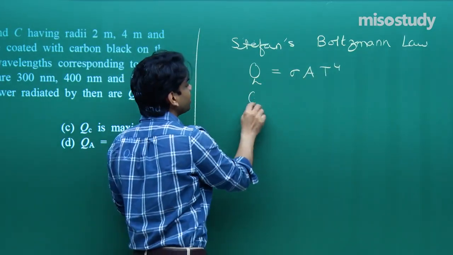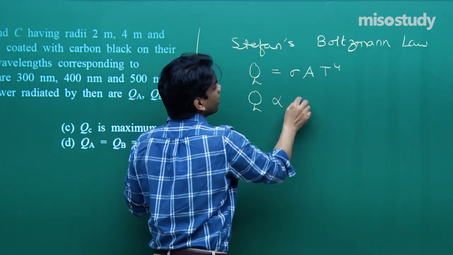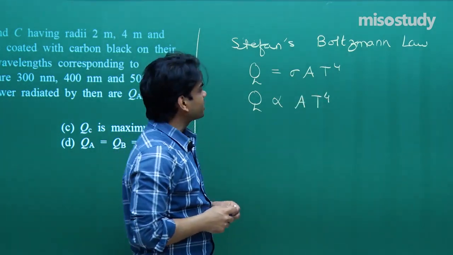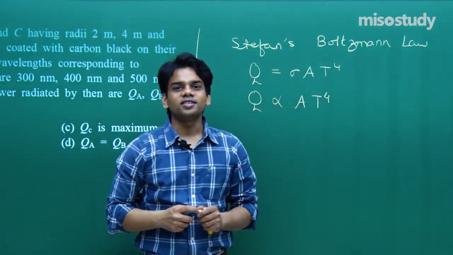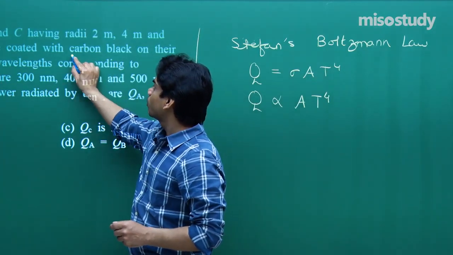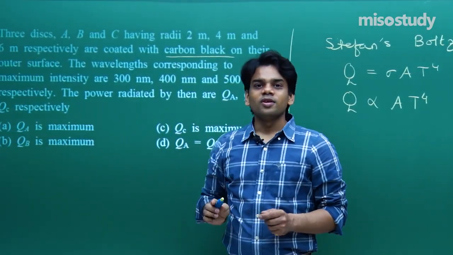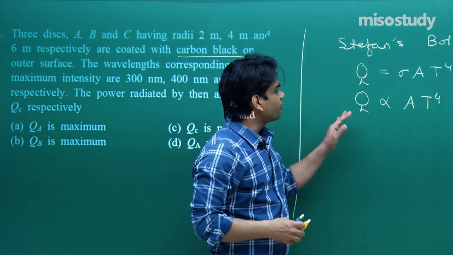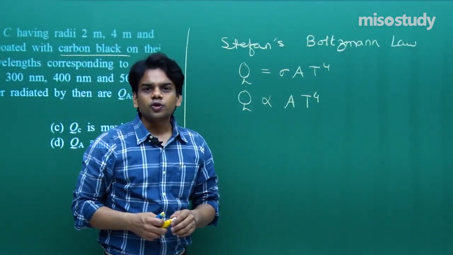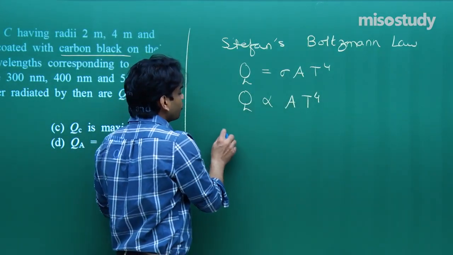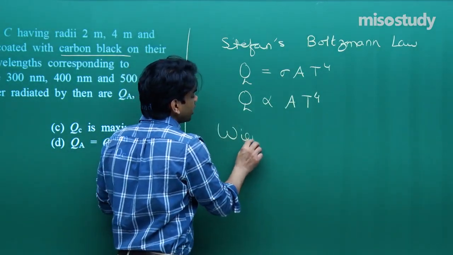So we can write that Q is proportional to A into T to the power 4. This is what we can write straight away. Sigma will be constant for all the 3 surfaces, and that will be the same because all 3 are acting as black bodies. They are coated with carbon black. So sigma will be the same for all the 3 bodies. That's why I have replaced sigma and written the proportionality as proportional to A and T to the power 4.